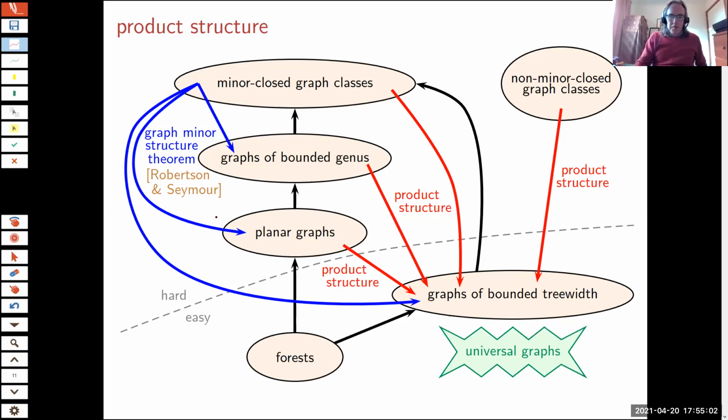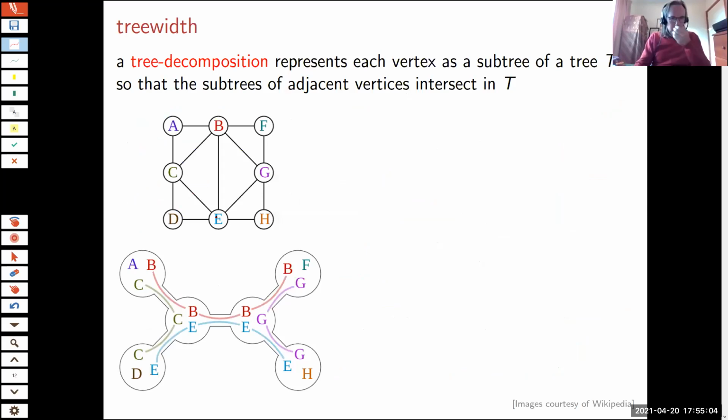Okay, so let's start off with what's treewidth. Well, here's the definition, but you don't really need to understand this definition for the sake of the seminar. A tree decomposition represents each vertex of a graph as a subtree of a tree, so that subtrees of adjacent vertices intersect in the tree. So here's your graph up here, and down here is a tree decomposition of the graph.